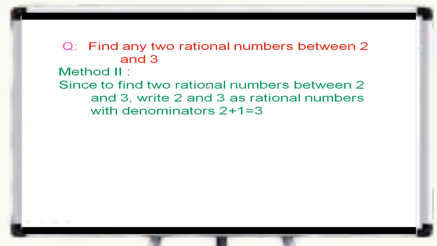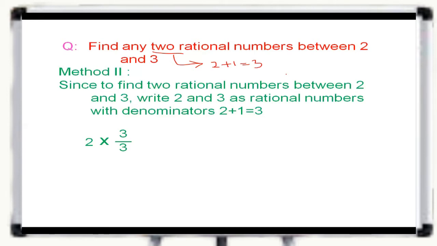So here we have to find only two rational numbers, so we add only one to the required number. That means 2 plus 1 is equal to 3. So we have to make the given rational numbers with denominator 3.